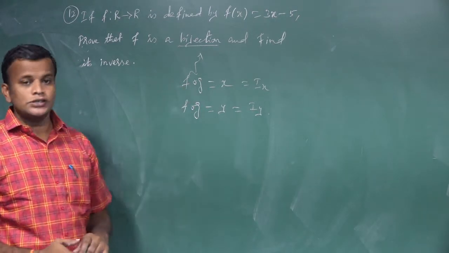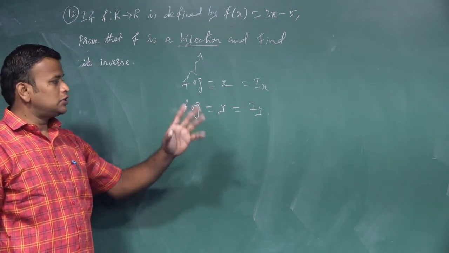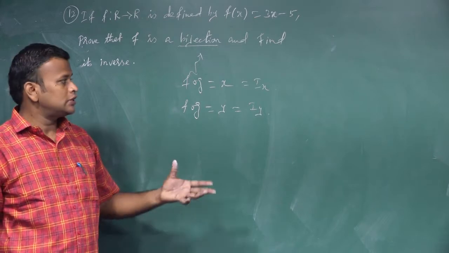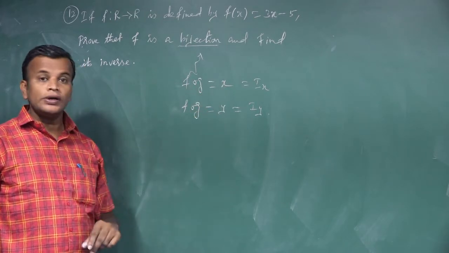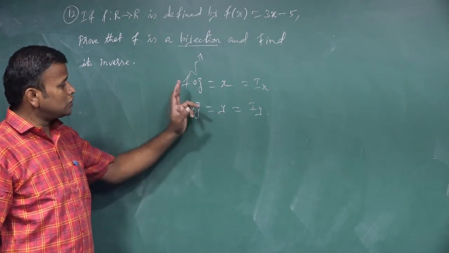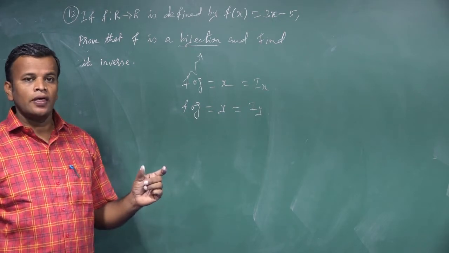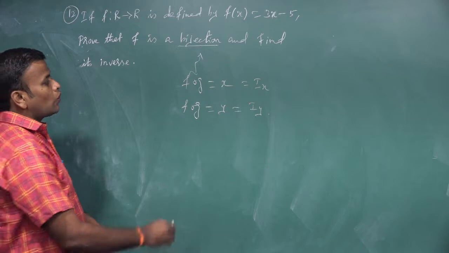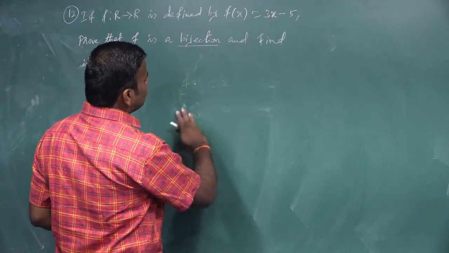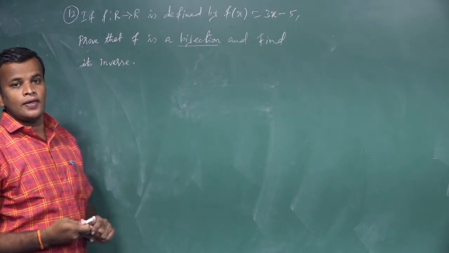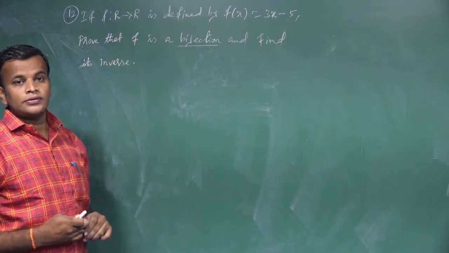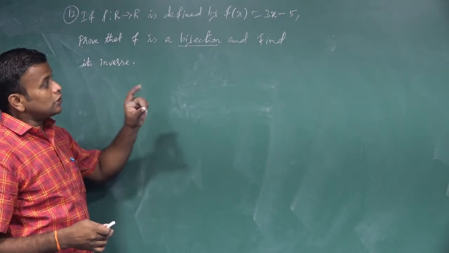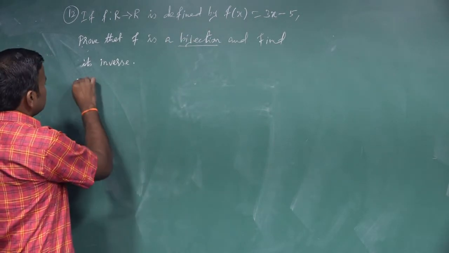So the working rule is easy. To find f∘g and g∘f, suppose the final answer is the variable x or y. Then we say these two functions are bijections and also one is the inverse of the other. Now only one function is given, the name of the function is f of x. Now we create another function and also we see the function is the inverse of that one.